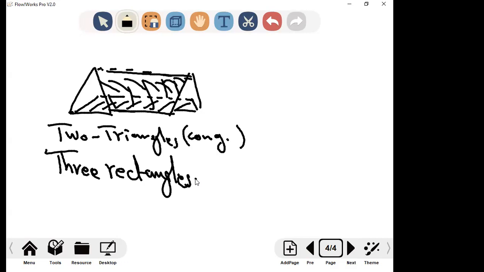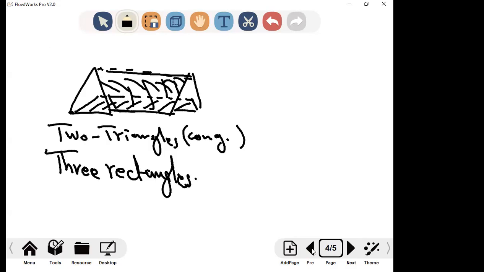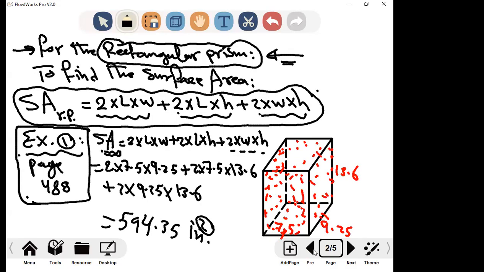So in the triangular prism, I will find how many areas? 5 areas. Go with me. I'll find 5 areas. Let's take an example, or in general, look here now. Now here, focus.